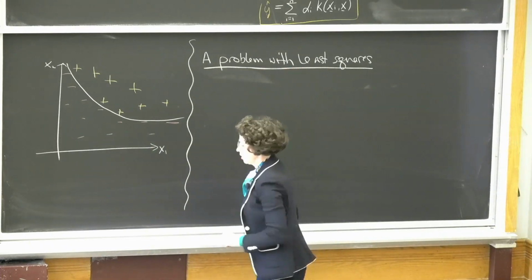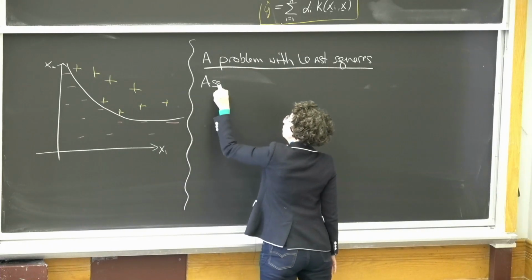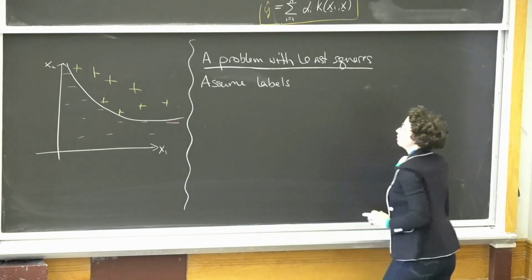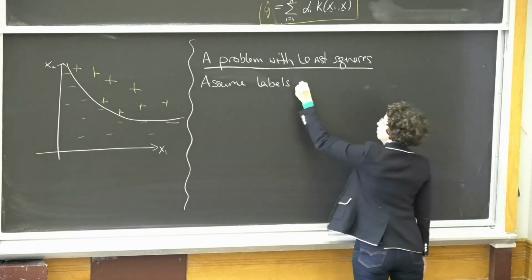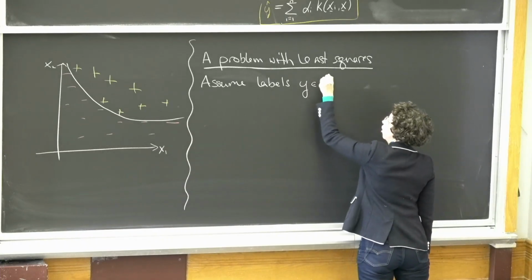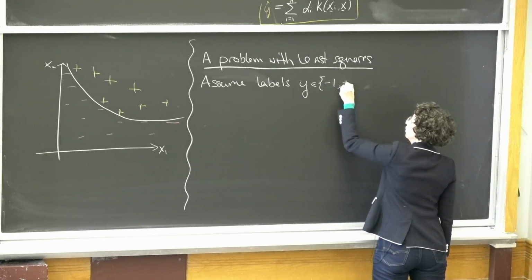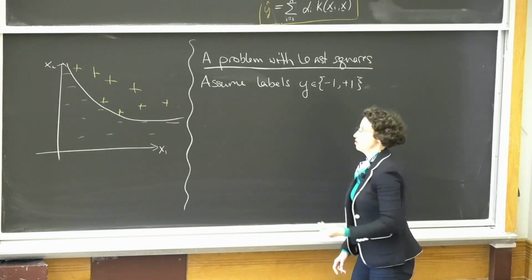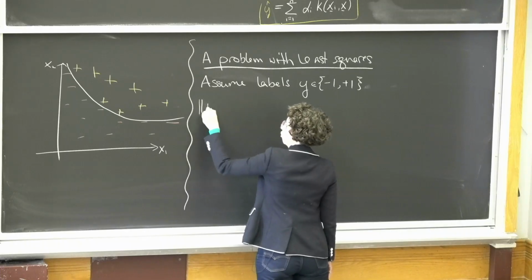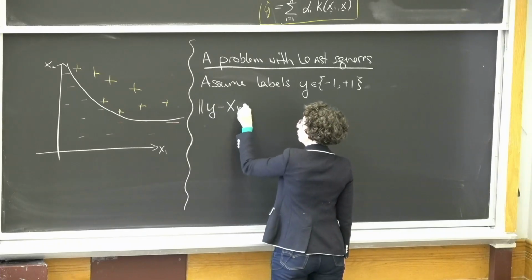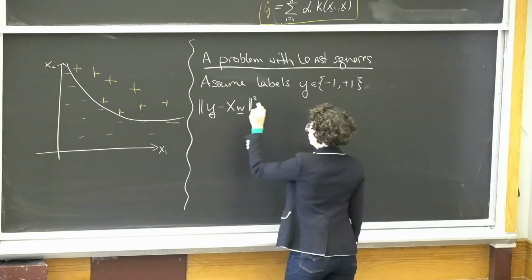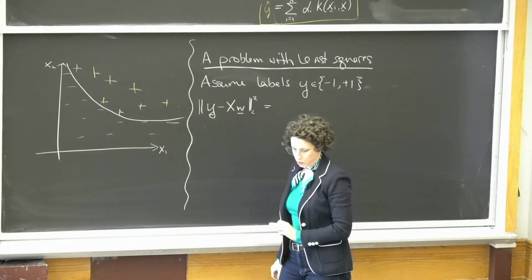And the issue is this. So let's consider binary classification. Our labels y are all either -1 or +1. Now if we think about our squared error loss, y minus Xw, or equivalently y minus Vw, we're just going to treat them interchangeably at this point.